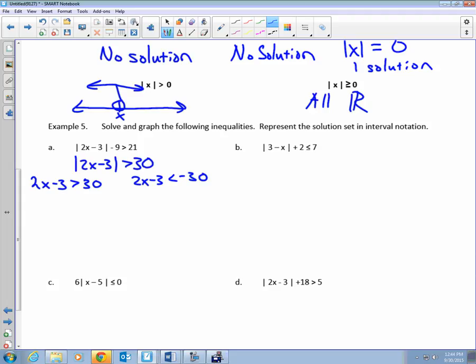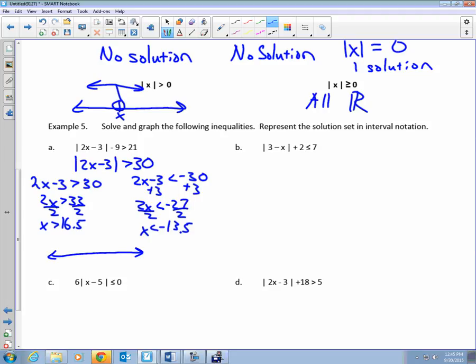negative 30. So we add the 3, 2x is greater than 33, divide by 2, x is greater than 16.5. The other side, add 3, 2x is less than negative 27, divide by 2, x is less than negative 13.5.